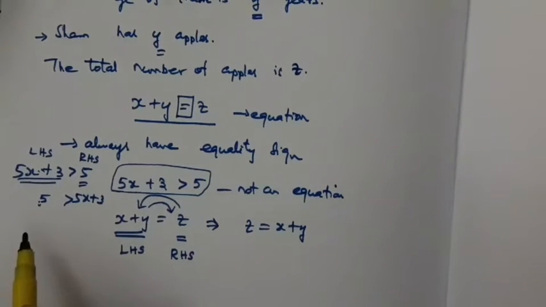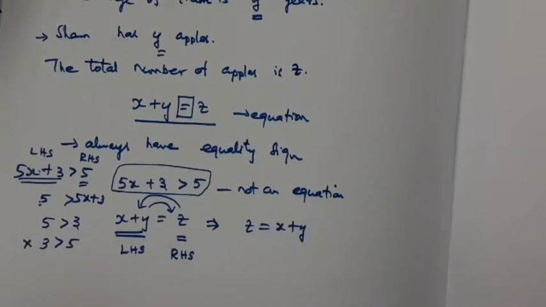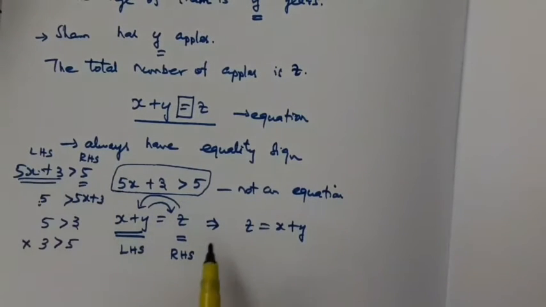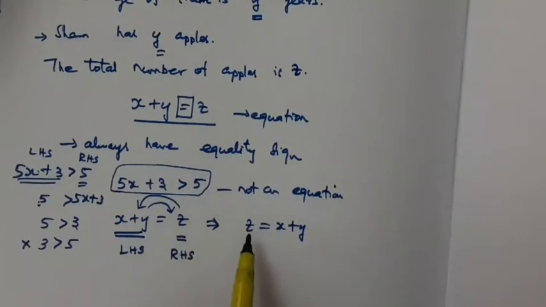For example, a simple example, if I say 5 is greater than 3, if I interchange 3 and 5 and I put the same symbol, this is not valid. Okay, so this is not an equation. Only if there is an equal to sign here, then it is called an equation.